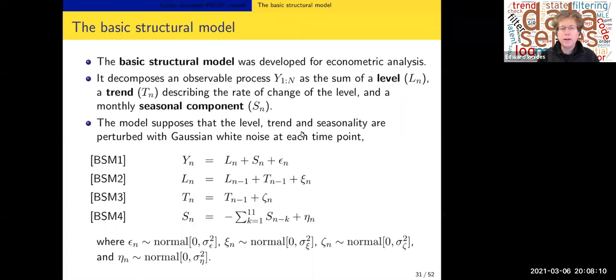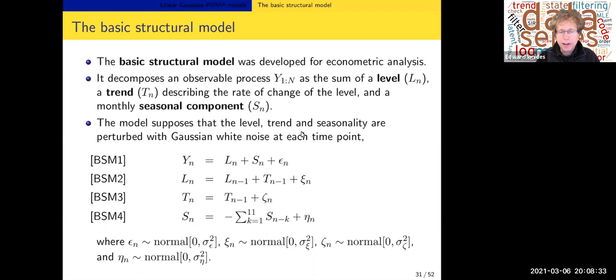The only thing we observe is their sum observed with noise, or specifically the sum of the level and the seasonal component, and the trend gives the rate of change of the level, the slope. And so here we see that in equations BSM 1 through 4.